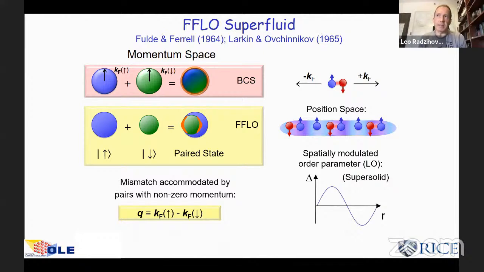The length scale is commensurate with the lattice scale, but there's also a more general one, which is the incommensurate one. Then it has nothing to do with the lattice. And in that sense, the incommensurate pair density wave, in some sense, is even more exotic than the FFLO, because in FFLO, you're creating a length scale with the magnetic field by mismatching the Fermi surfaces, the delta KF. In incommensurate pair density waves, that length scale comes purely from interactions.